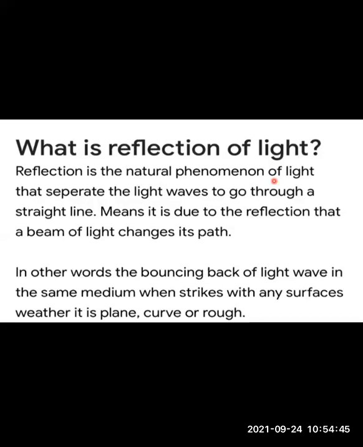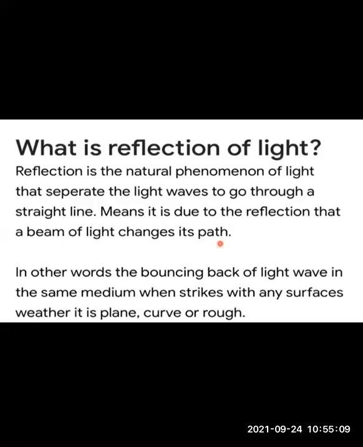It is due to reflection that a beam of light changes its path. In our case, the changed path is the reflected ray. Initially it is incident, and later it changes its path to become a reflected ray.